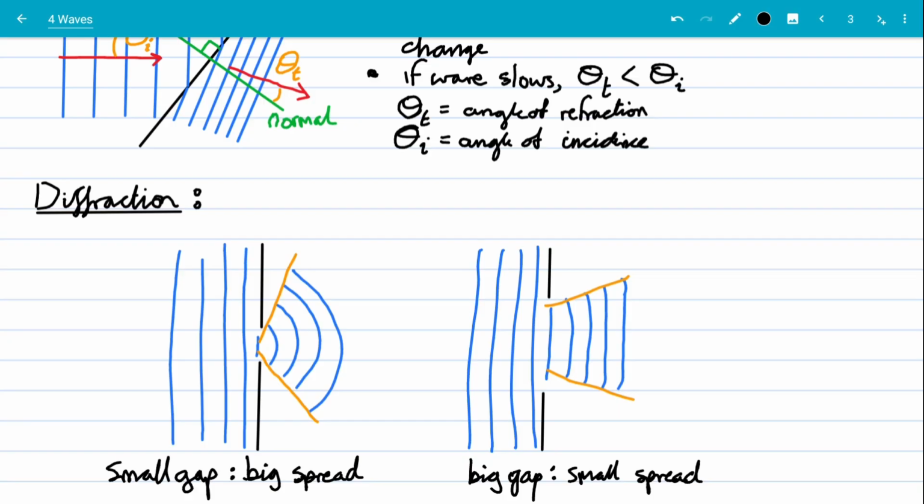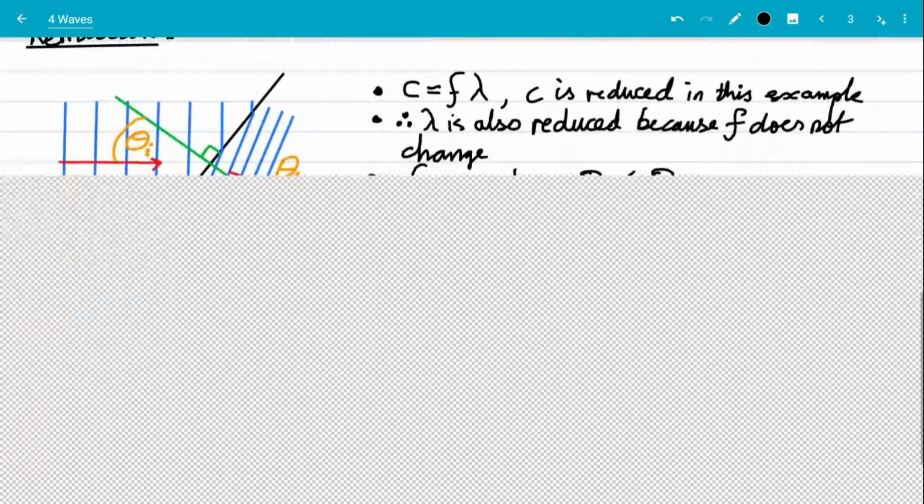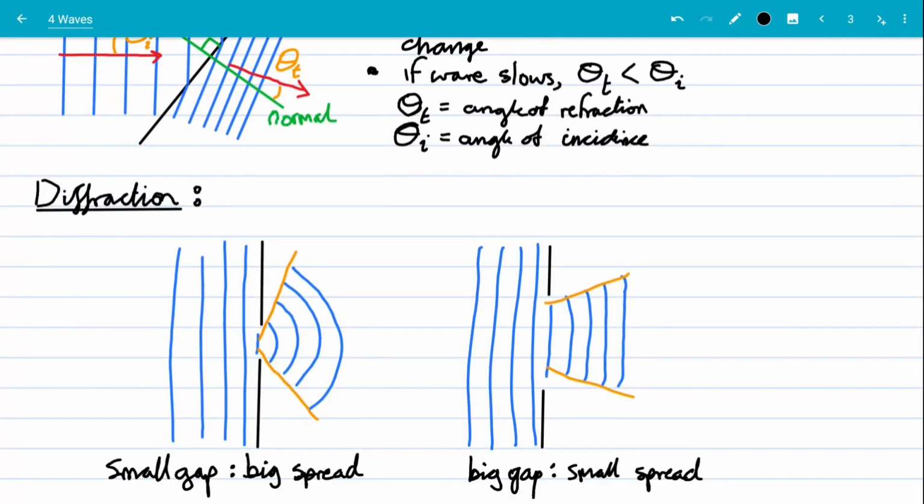There is some discussion that can be had about how you can use all three of these ideas, maybe not refraction, but how you can use reflection and diffraction together to design things like satellite dishes, where you want them very large so you can get a lot of waves in, but then you've got to be careful, because if they're too large, then you get very little spread, which means you've got to aim them a little bit more carefully at the target.